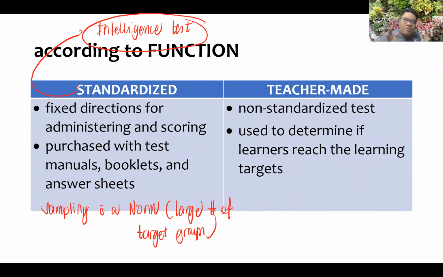Halimbawa, ang normal weight sa Pilipinas is actually lower compared to the normal weight of the Caucasians, because Caucasians, Americans, are known to have a big body build. So hindi pwede na ang normal nila, gagawin ko ding normal dito sa Pinas. Kasi it will be overweight already and obesity in the Philippine setting. That's why we always test it with a large number of target groups.